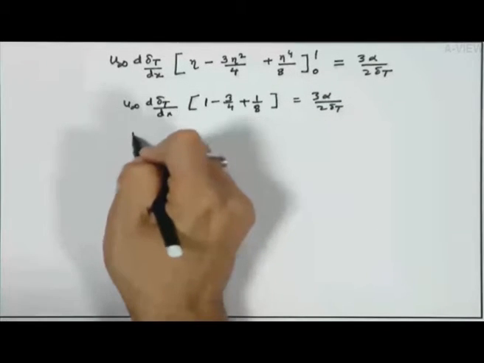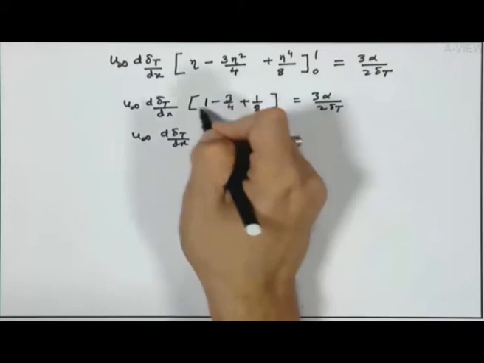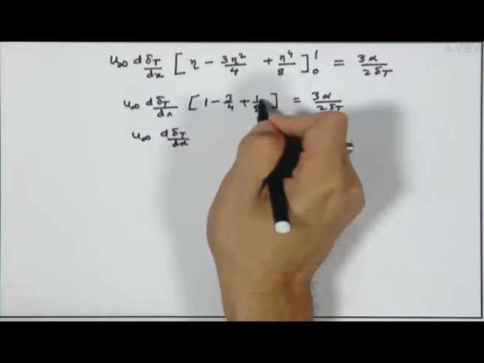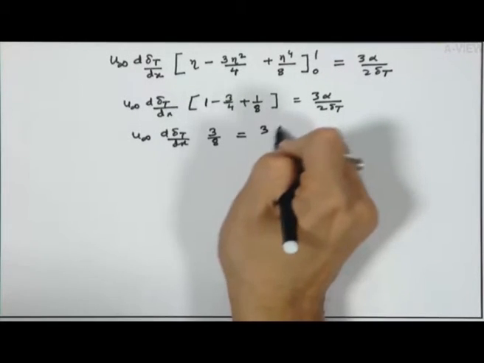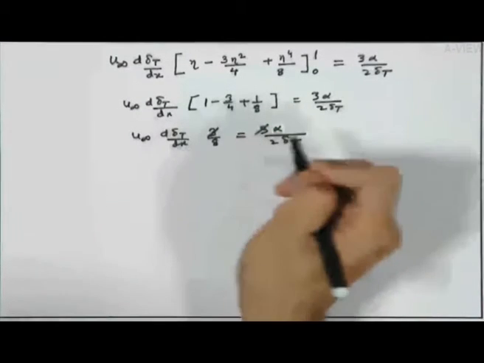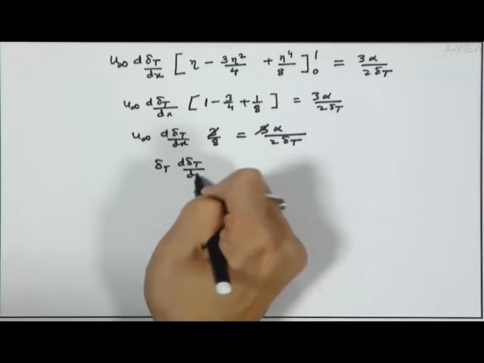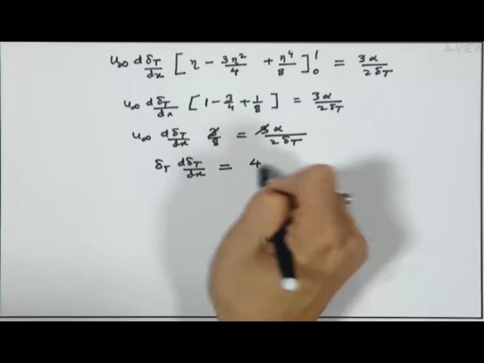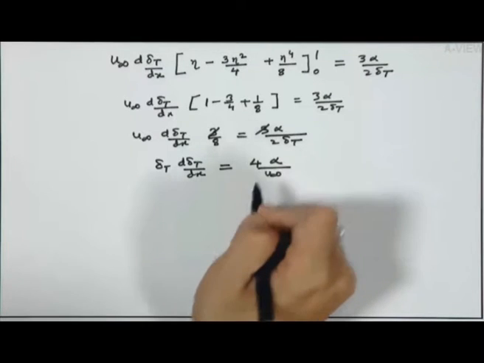So, this is 8 minus 6 is 2 plus 1, 3. So, 3 by 8 is 3 alpha by 2 delta t, that 3 gets cancelled. So, delta t d delta t dx is equal to 4 alpha by u infinity.